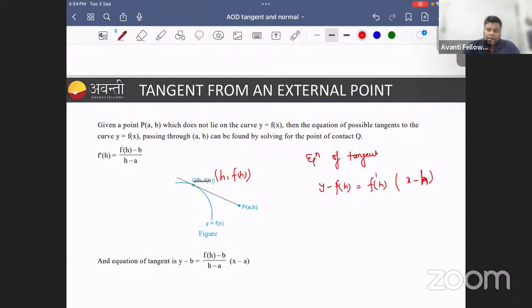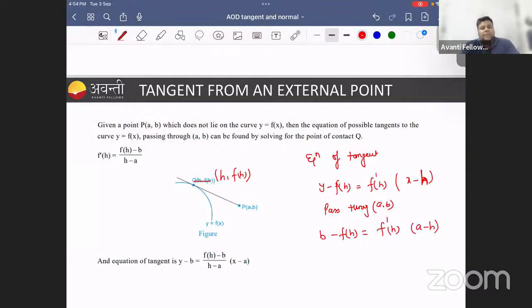Yes or no? And now make this line pass through A comma B. So b minus f h is equal to f dash h into A minus h.